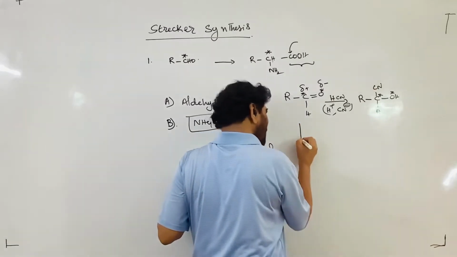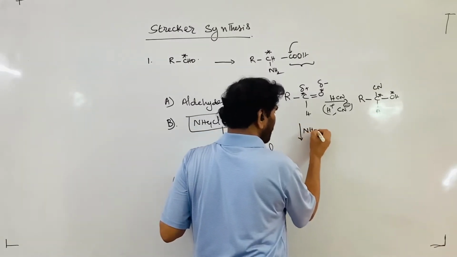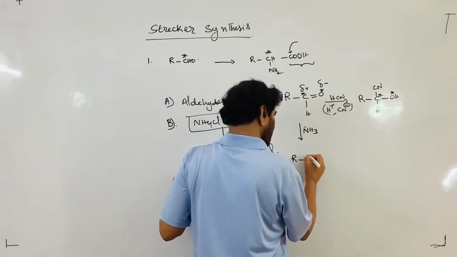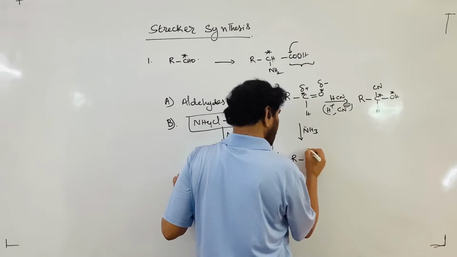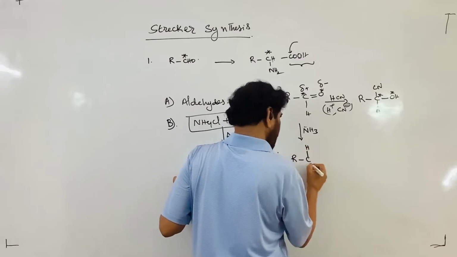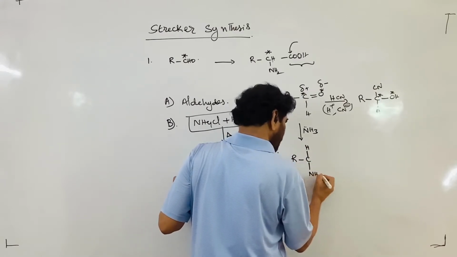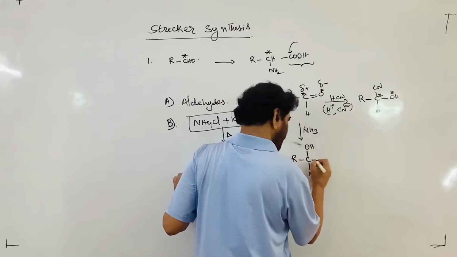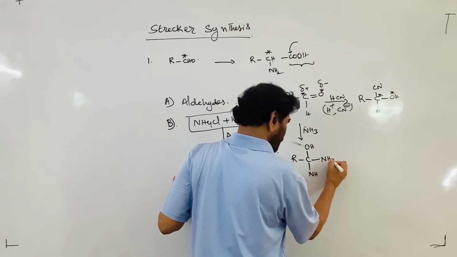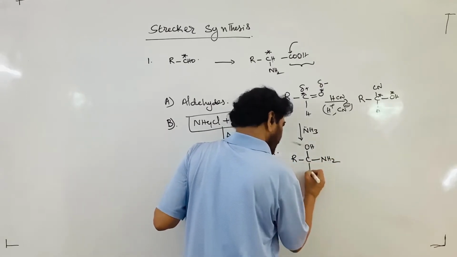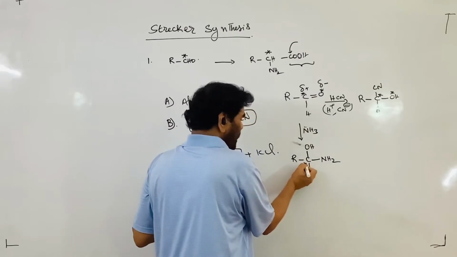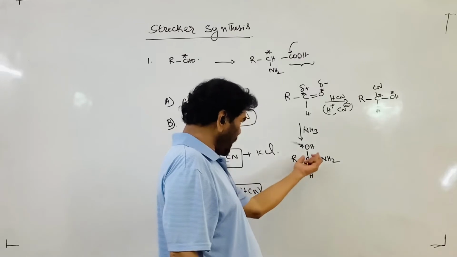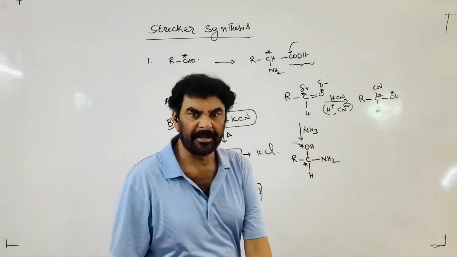See, when aldehydes and ketones are treated with ammonia, this is a nucleophile. NH2 is added to the carbonyl carbon and H plus is added to the oxygen.